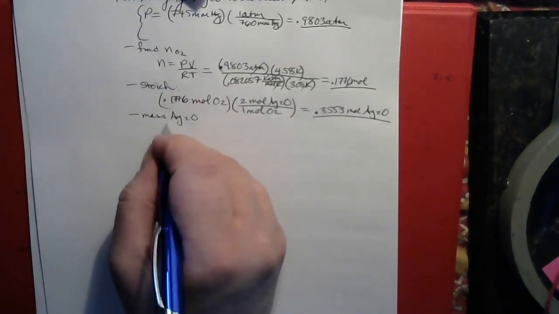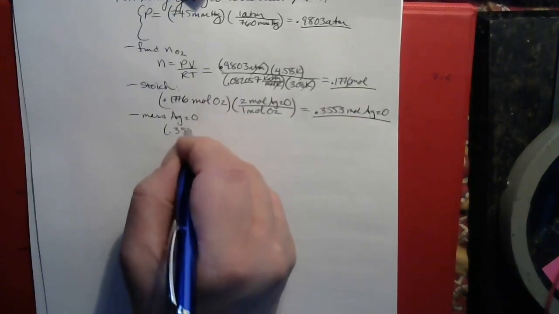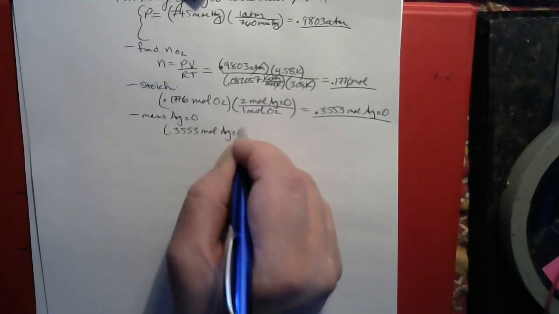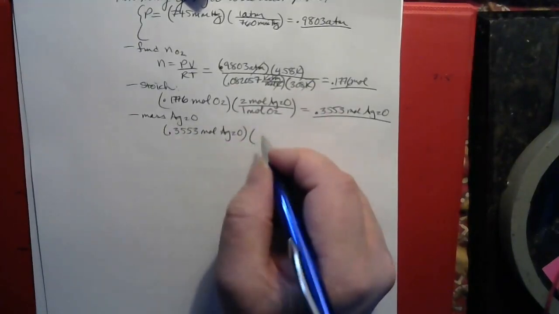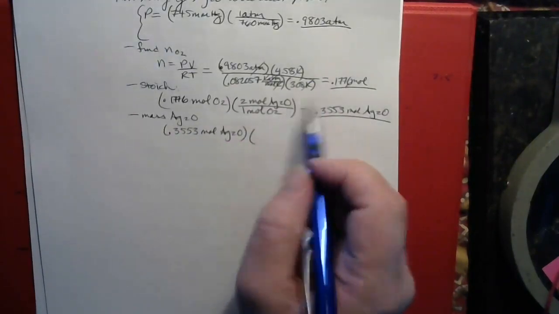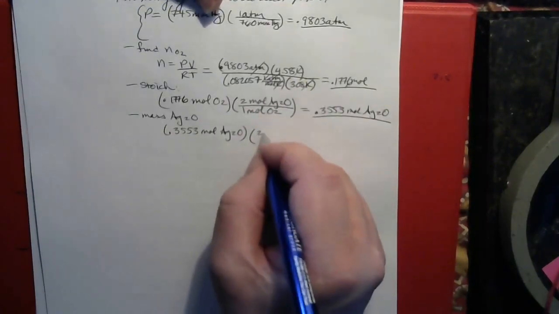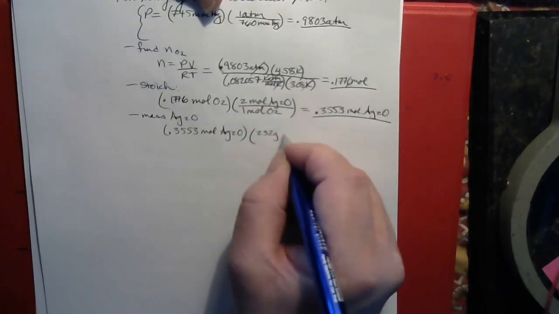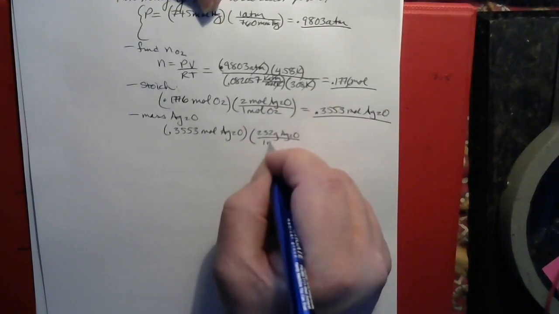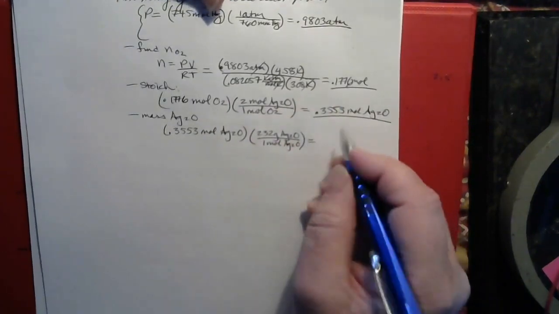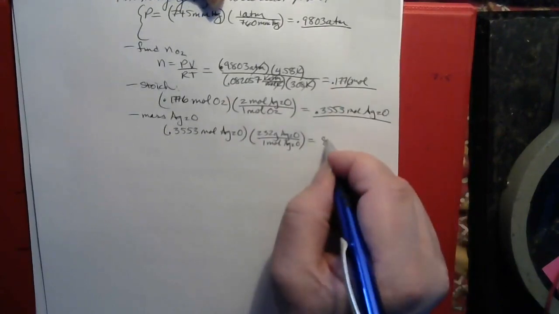And so the mass of silver oxide will be the number of moles times the molar mass. If you go to the periodic table and add up the masses for 2 silvers and 1 oxygen, you get 232. So 232 grams per mole.